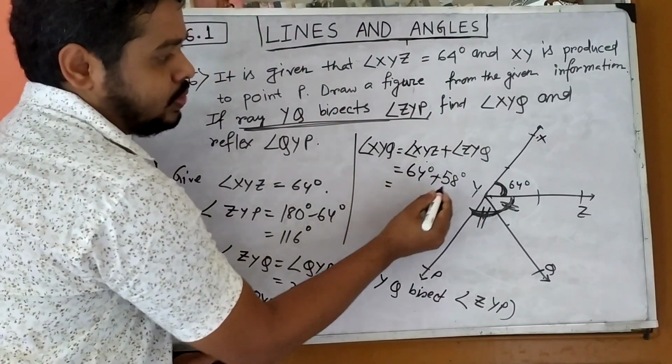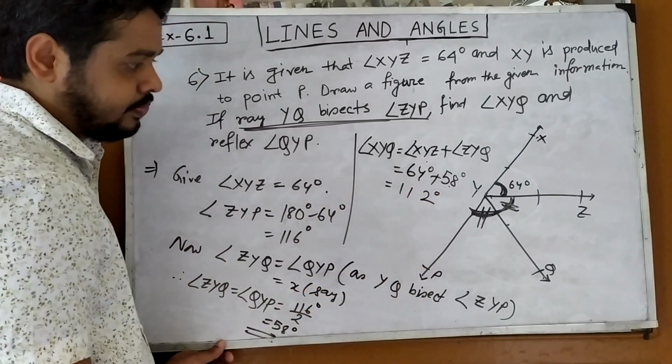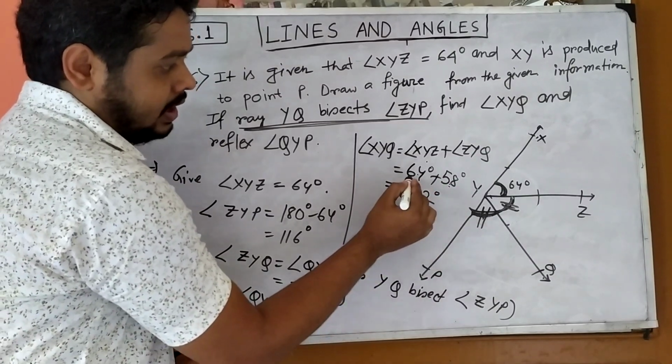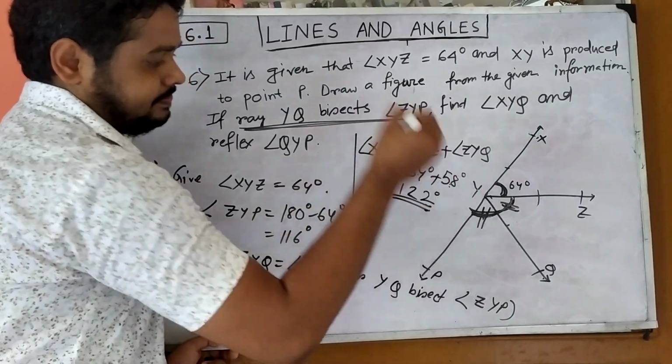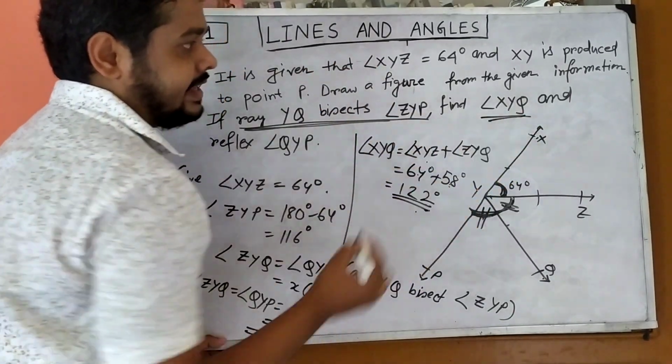So the sum of these two angles is 122 degree. Okay, this is our first answer, angle XYQ.